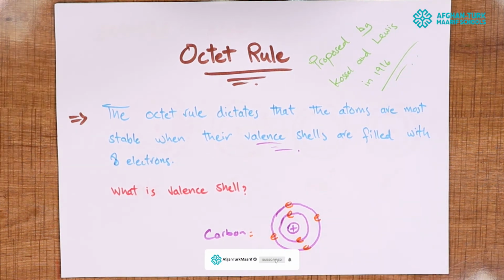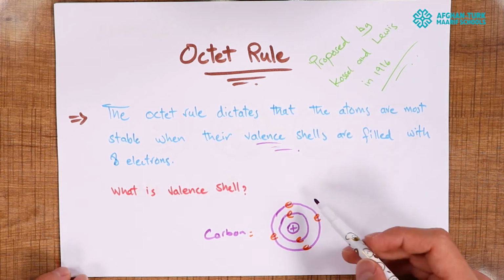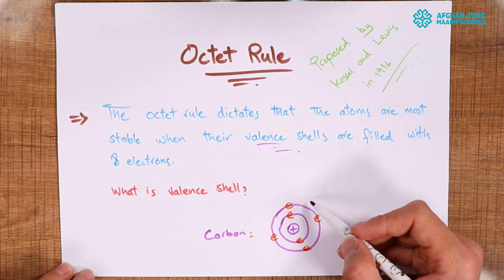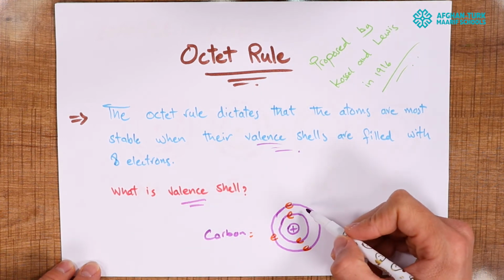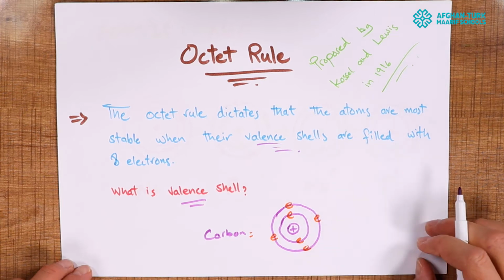This is the very simple electronic configuration of carbon. You can see there are 2 electrons in the first shell and 4 electrons in the second shell. The last shell, or the outermost shell of an atom, is known as the valence shell. So the second shell of carbon is the valence shell of carbon.